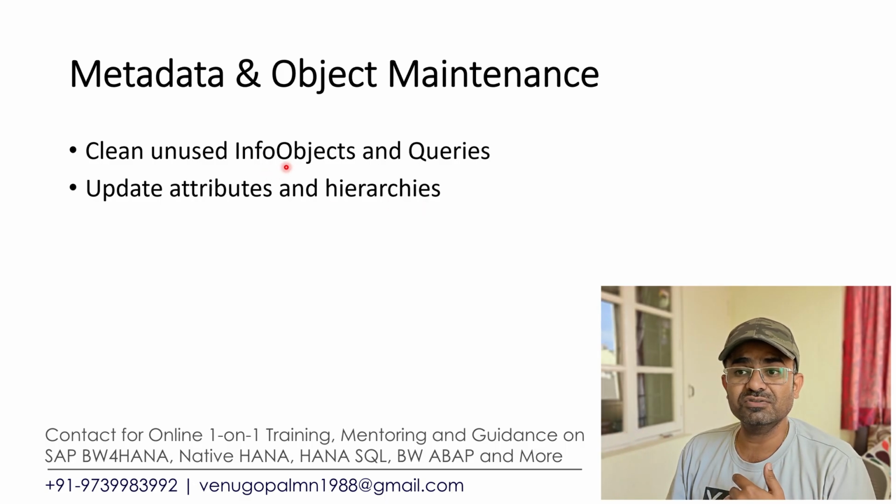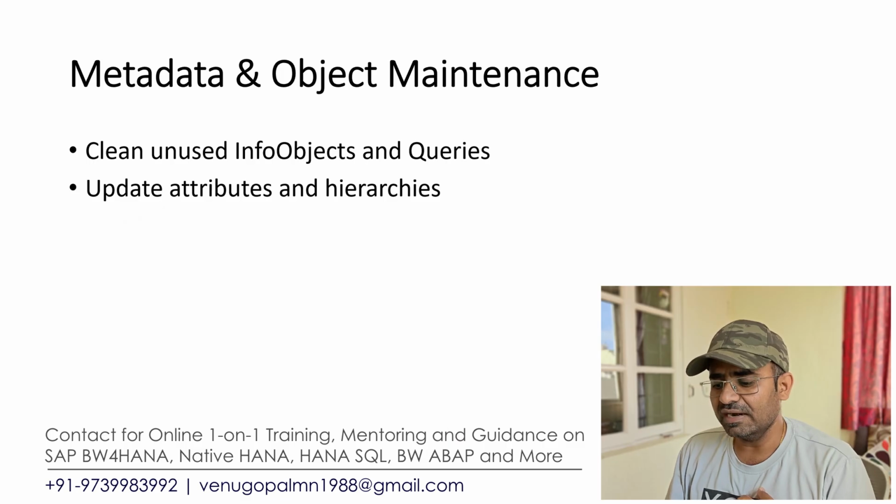Sometimes with these unused InfoObjects, a huge amount of master data might have been loaded to the InfoObject and left like that. Since we are not using it, it really makes sense to empty the P table or T table of the master data. And similarly, update attributes and hierarchies.